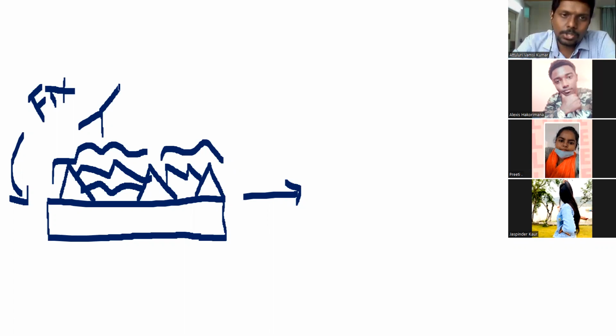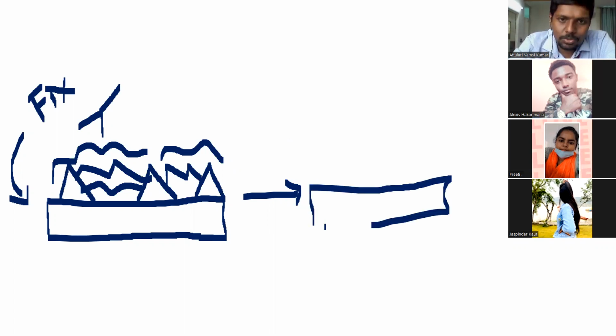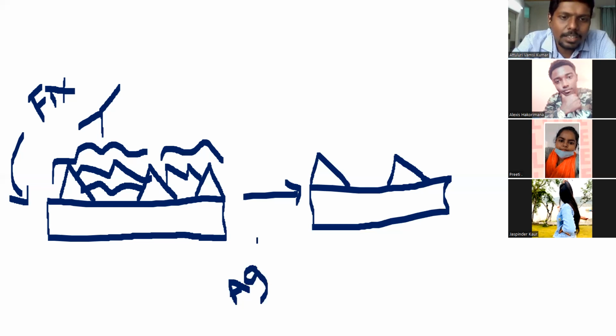Now we need to remove these cross-links from the tissue. This is the tissue, we have antigens, and now we have the cross-links. How do we remove these cross-links? This particular step is called antigen retrieval.